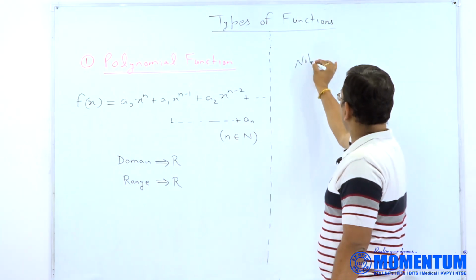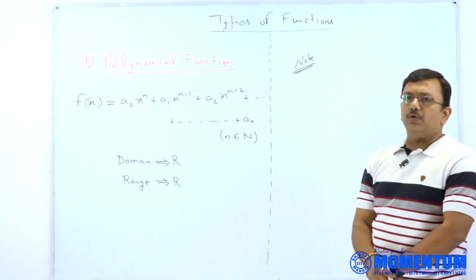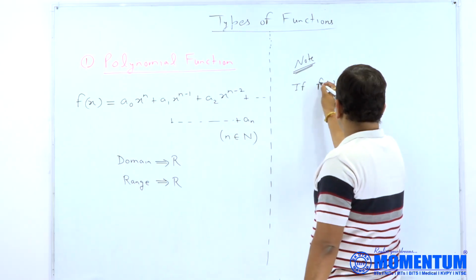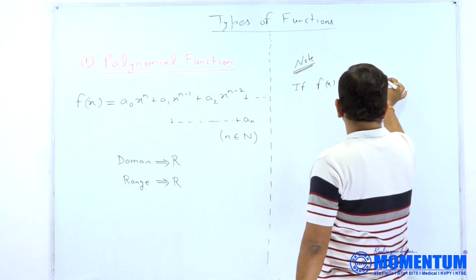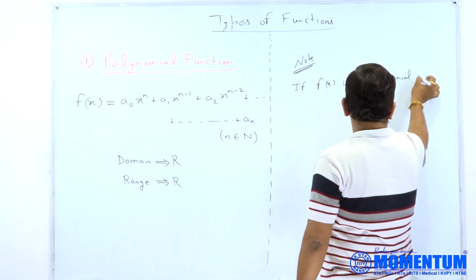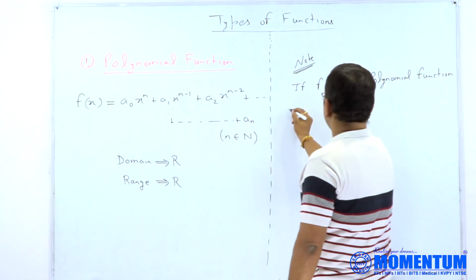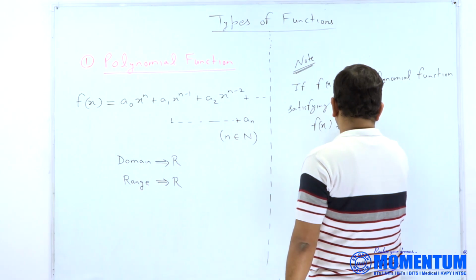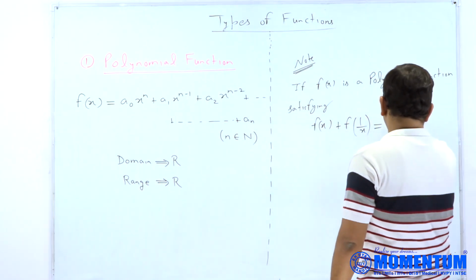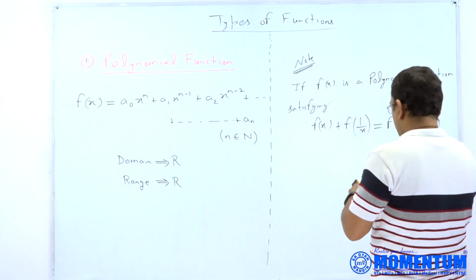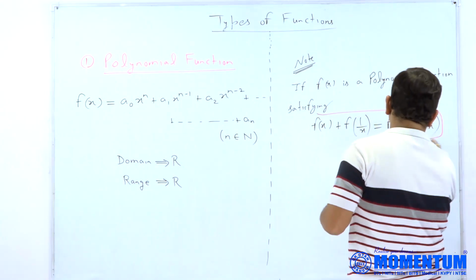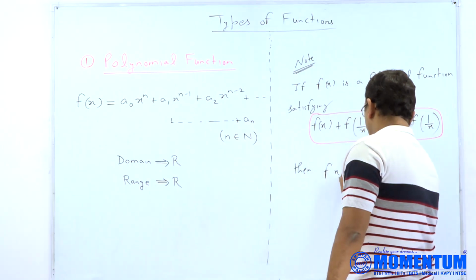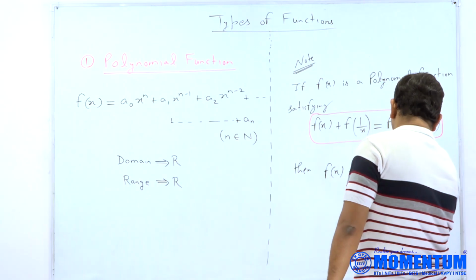An important note regarding polynomial function which will help you in solving the problems: if f of x is a polynomial function satisfying f of x plus f of 1 by x is equal to f of x into f of 1 by x, then f of x is equal to 1 plus minus x to the power n.